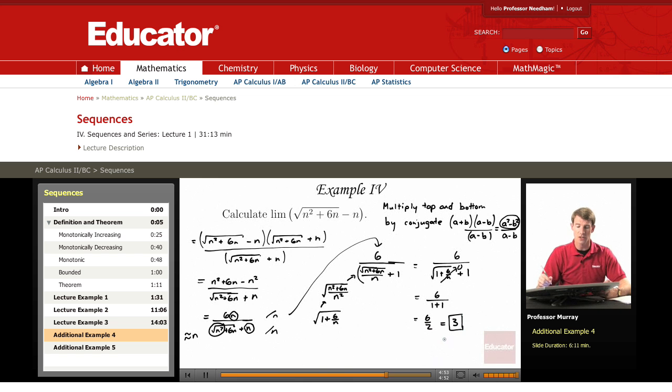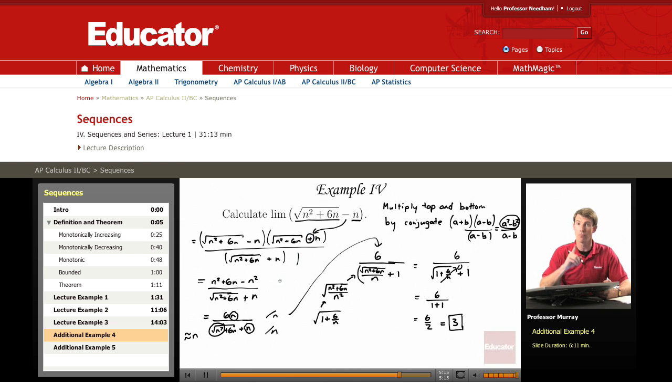So there were a couple of clever ideas in that one. The first is noticing that we have a square root of something minus something. The trick to handling that is to multiply it by its conjugate. So we multiplied it by the same expression with a plus there. To pay for that multiplication, we had to do a division.